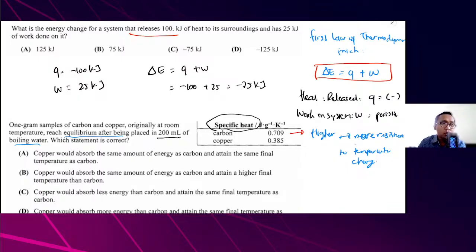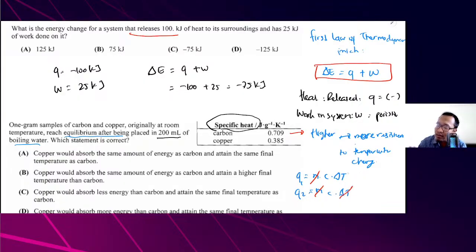For equal mass and equal temperature change, Q = mcΔT. With the same mass, we can cancel it out.